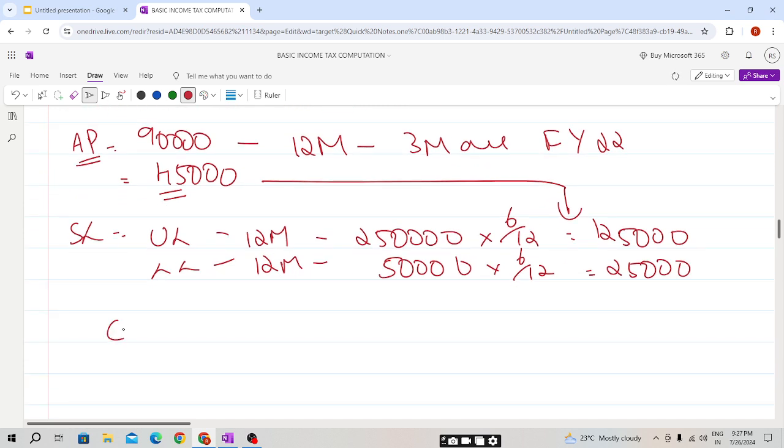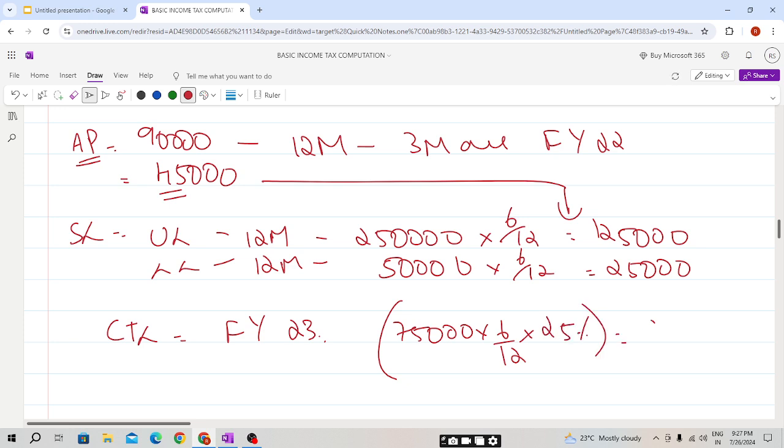The corporation tax liability for FY23 will be payable at 75,000 pounds into 6 divided by 12. This is the profit for 6 months, into the main rate of 25%. This will be 9,375. Same, but less marginal relief.